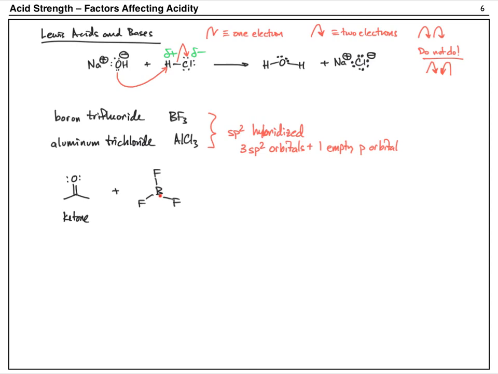It's neutral. The empty p orbital still exists. So this is an acid. This is a base. The lone pair on the carbonyl oxygen is going to supply electrons, so it's acting as a base. The BF3 accepts those electrons, and we can draw the following product.